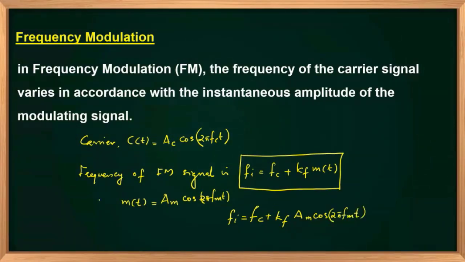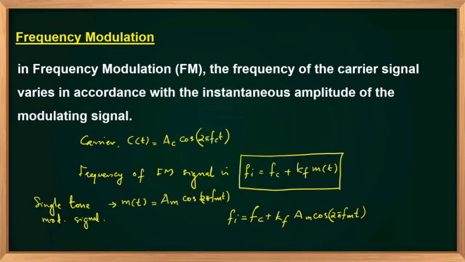So we are considering a single tone case, a single frequency modulating signal. In an actual situation, a modulating signal consists of different frequency components, but in analysis we'll take only a single frequency component because of mathematical simplicity. So fi equals fc plus kf into Am cos 2 pi fm t.